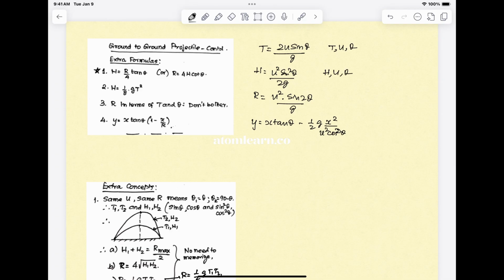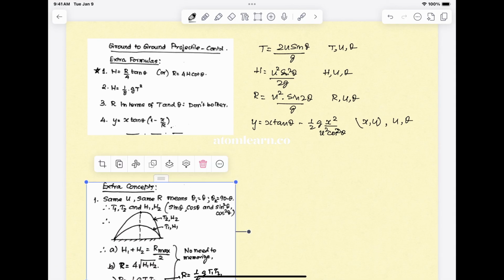Then the third formula is linking r, u and theta. And of course the fourth formula is the coordinates x, y in terms of u and theta. So now we will see the relation between other combinations.